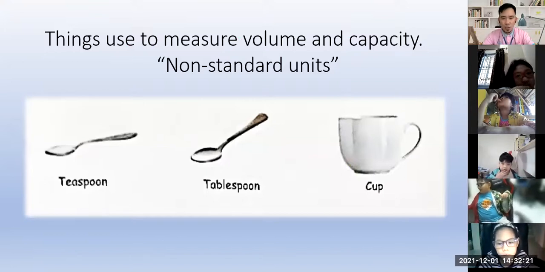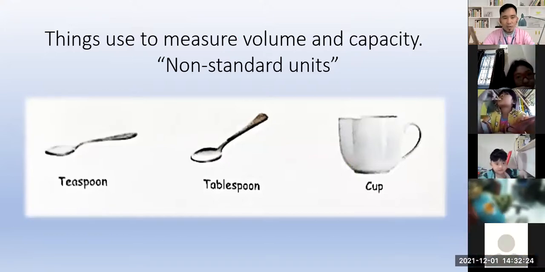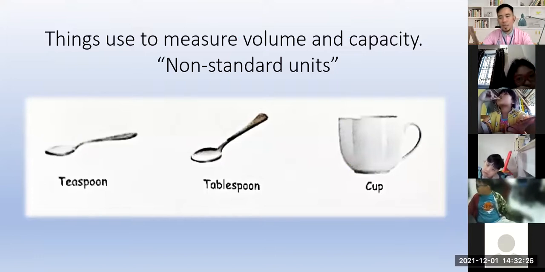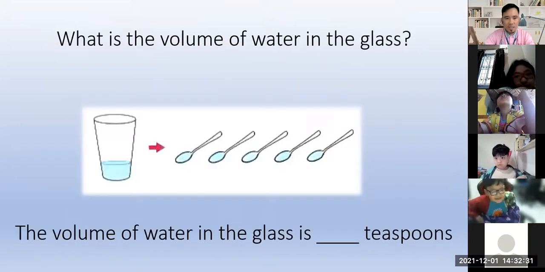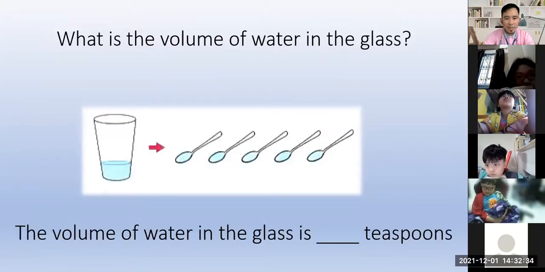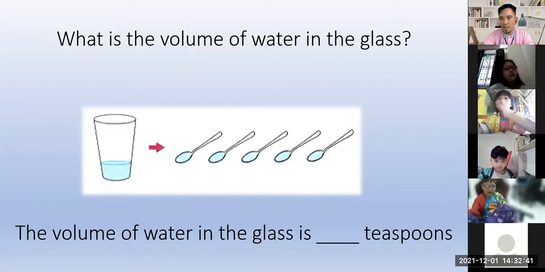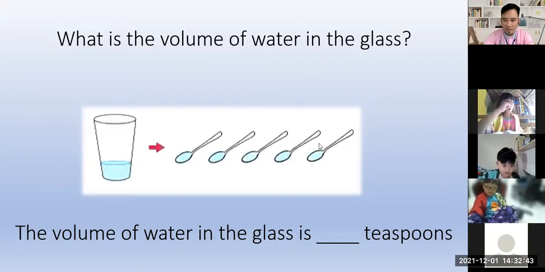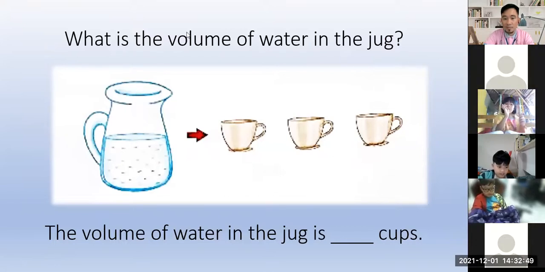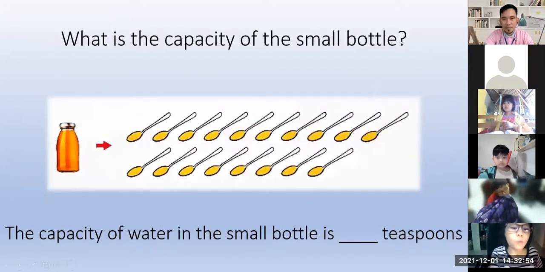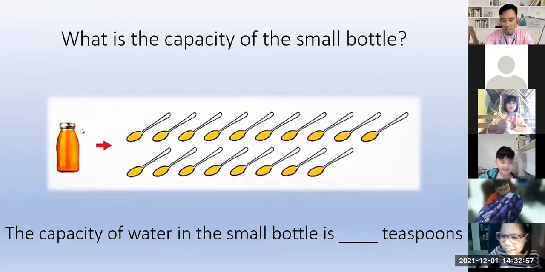These are the tools used to measure non-standard units. Sometimes we use teaspoon, sometimes we use tablespoon or cup. So just like this here, everybody, what is the volume of water in the glass? 5. It's correct. How about here? Jug. How many cups? 3. How about here? 18.